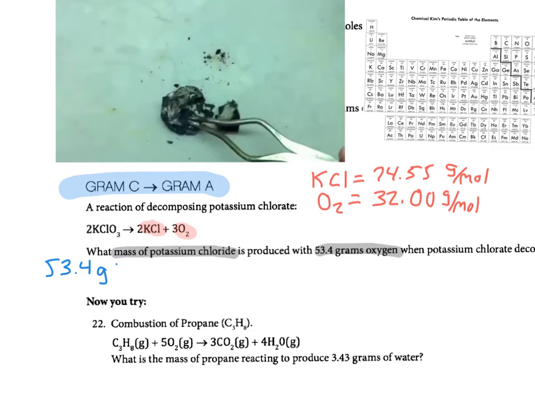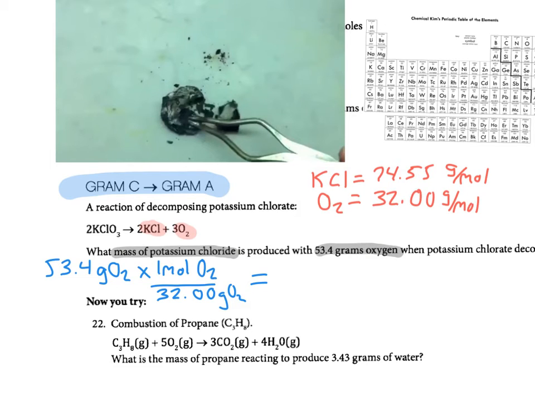So I start with 53.4 grams of O2, and I have to do a gram to mole conversion using the molar mass of oxygen. I do this because I need my quantities in moles in order to bridge from oxygen to potassium chloride. I simply divide by my molar mass, which is 32. Notice I don't use the 3 from 3 O2, I don't say 3 mole O2 over 32 grams, because this is the molar mass step.